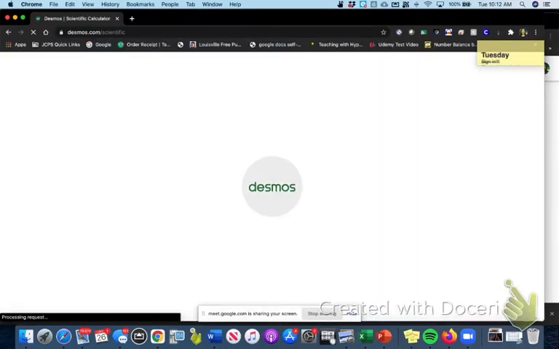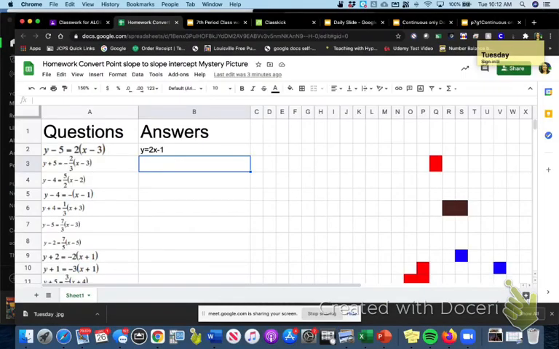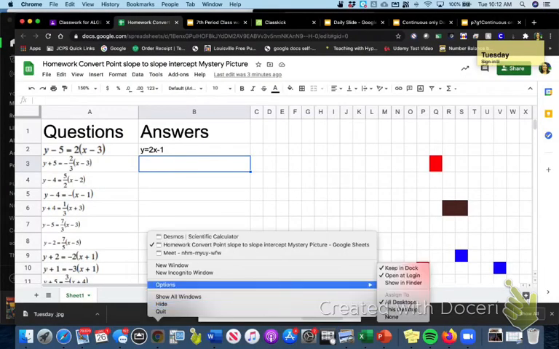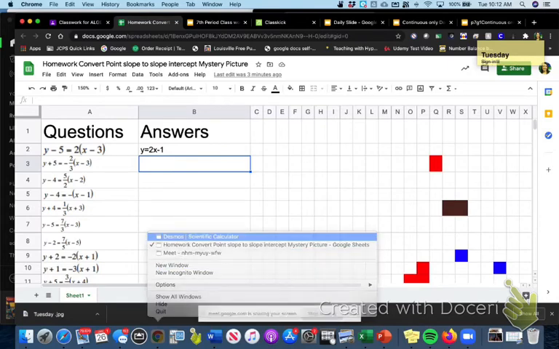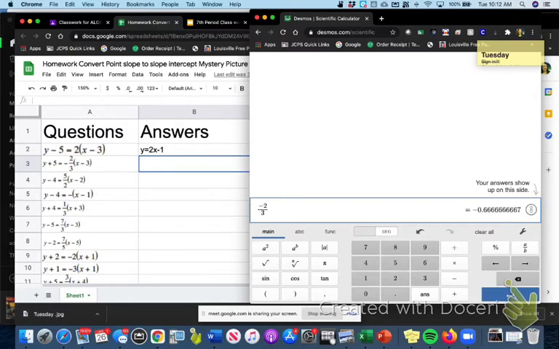And I'll show you how I'm going to do that multiplication problem. So I need to do negative 2/3 times negative 3. Just a reminder about how this little scientific calculator works. Right there underneath the wrench is the fraction button. So I would type the fraction, negative 2 over 3, which is how you do negative 2/3.